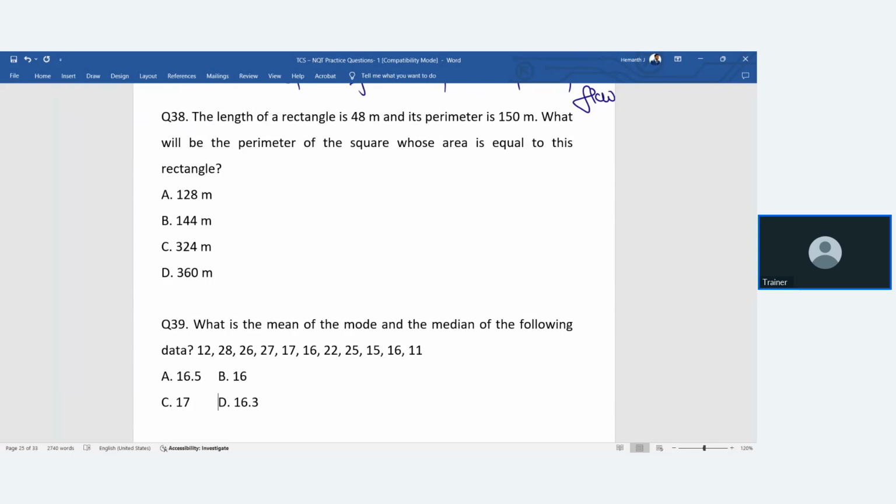So perimeter 150 means 2 into (L plus B). So 75 is L plus B. L is 48. So we can understand breadth is nothing but 27. Now square area is equal to this area, as per the question. 48 means 16 into 3. 27 can be written as 3 into 9.